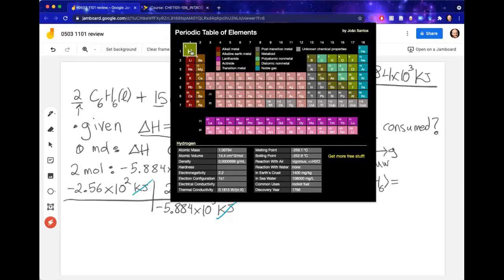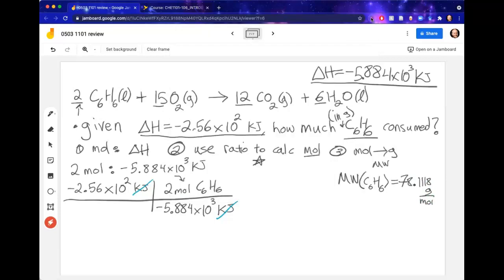Need some corroboration from someone else. What value do you get for C6H6? I got this value, so I'm going to assume we're there.